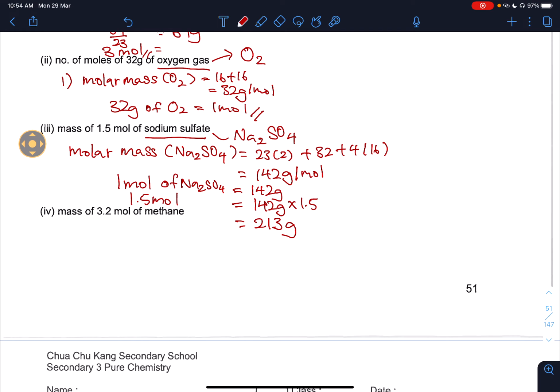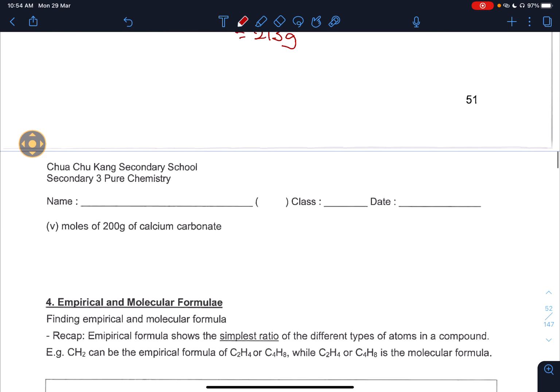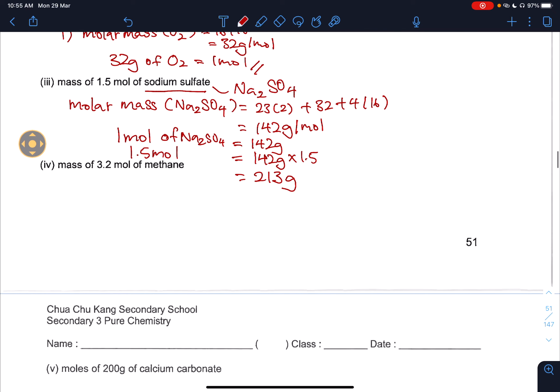Okay, let's try one last question. The mass of 3.2 moles of methane. Let's pause the video again. What's the formula of methane? Have you gotten the formula of methane? Yes, that is CH4. Firstly, we must calculate the molar mass of methane.